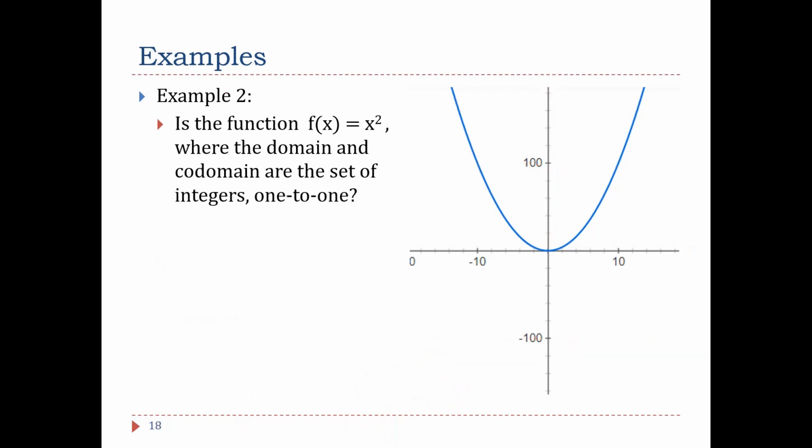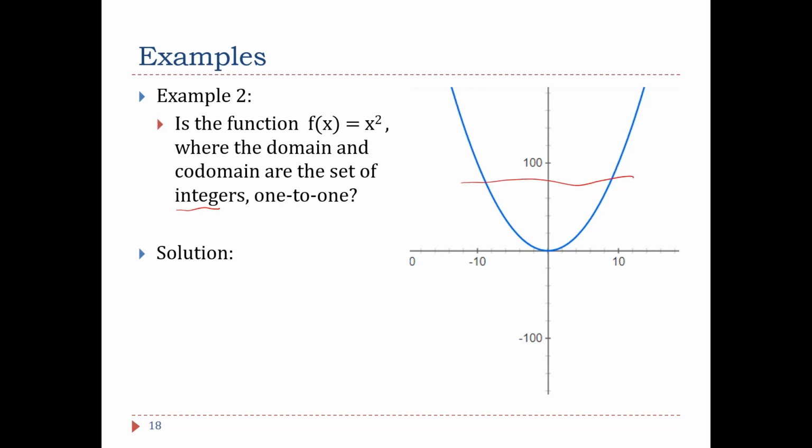Good. So what about this same x squared function being one-to-one, if we consider the set of integers this time? Think about it, please, and then resume the video. You have to look at any value here and see if it has more than one pre-image.